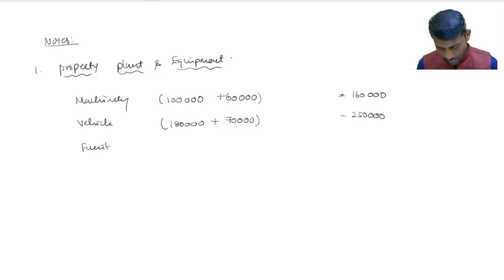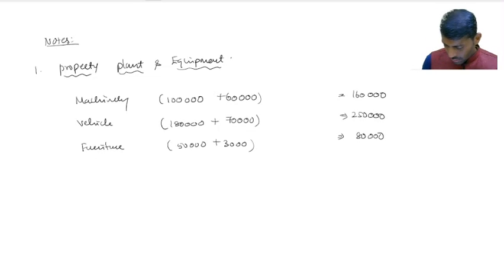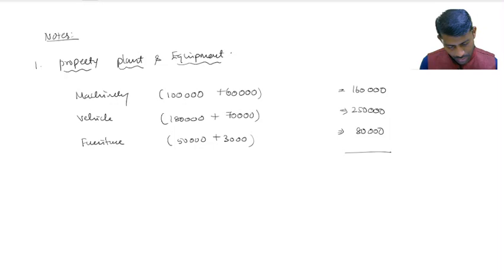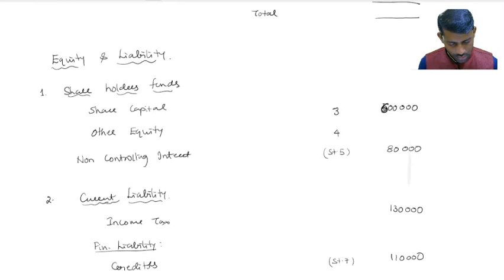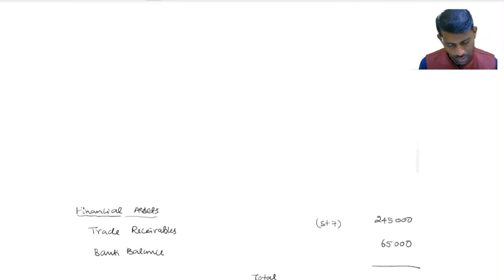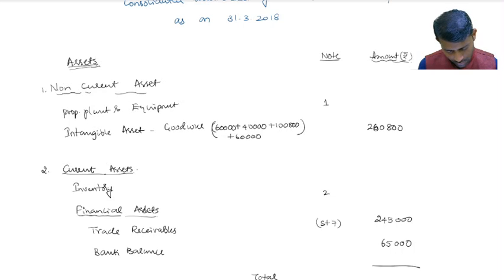Furniture: 50,000 plus 30,000, total 80,000. In total, 4,90,000.